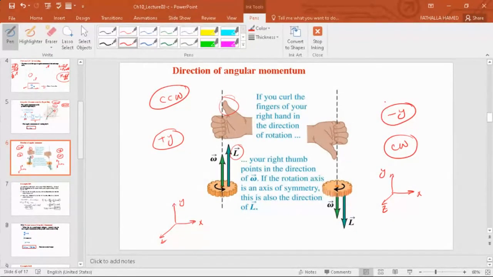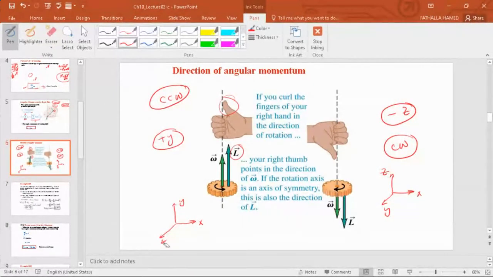Now, sometimes what is done is they shift the z here to a y pointing out, and of course this will be z, and in this case this will be negative z.